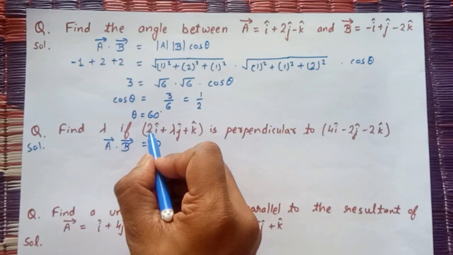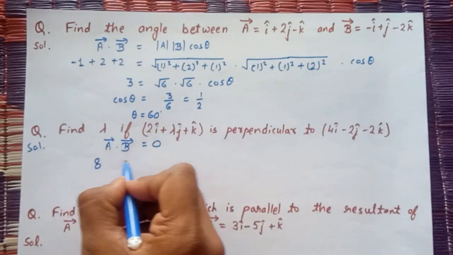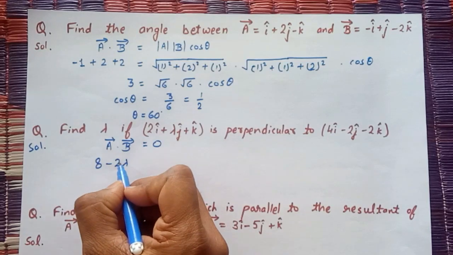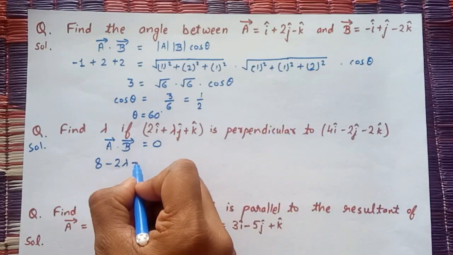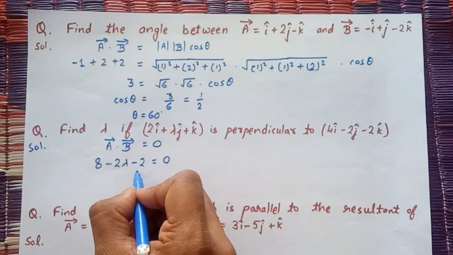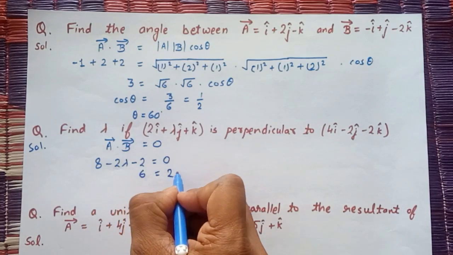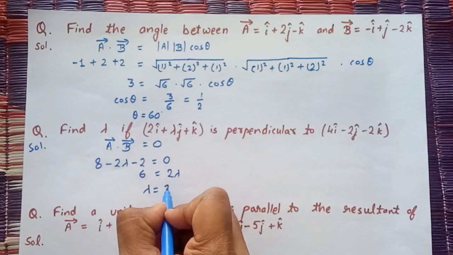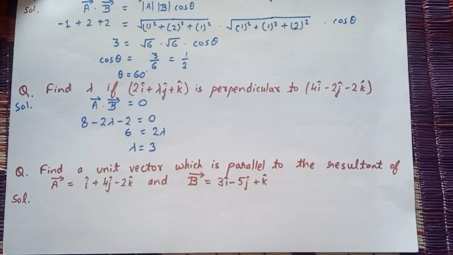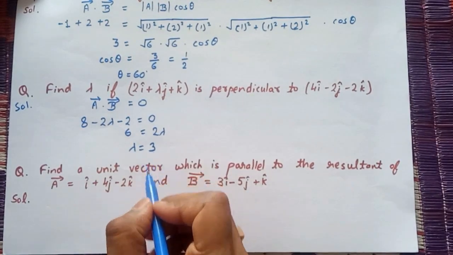So taking the dot product, 2 4s are 8, lambda and minus 2 lambda, then 1 and minus 2 is equal to 0. So 6 is equal to 2 lambda, and lambda is equal to 3. So the answer is lambda is equal to 3.